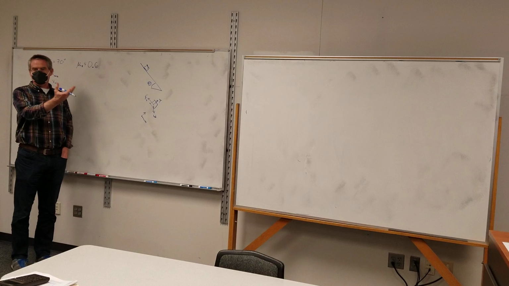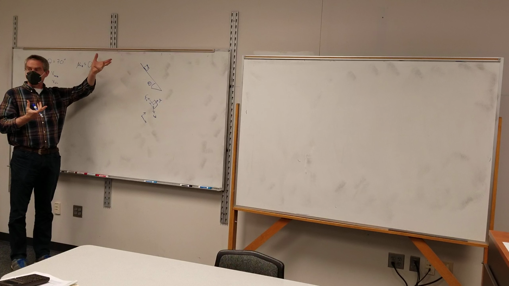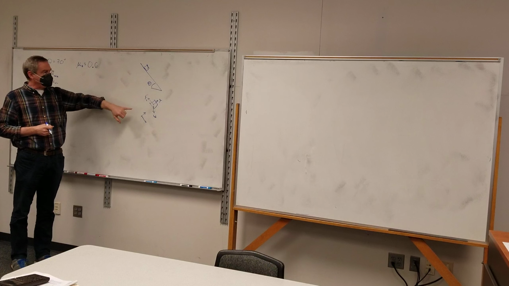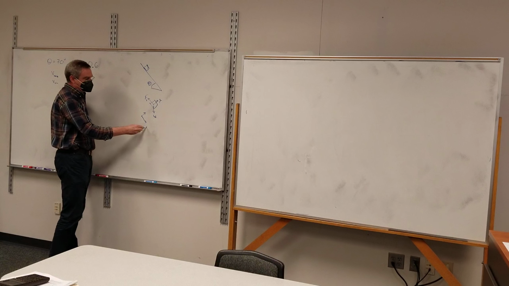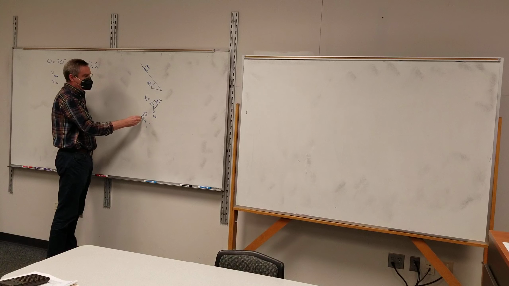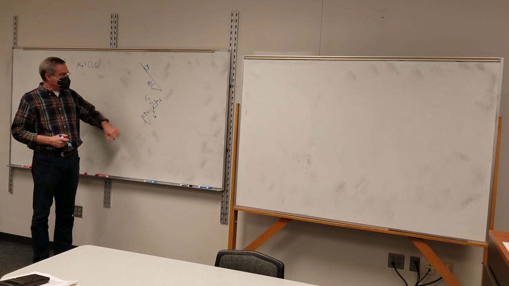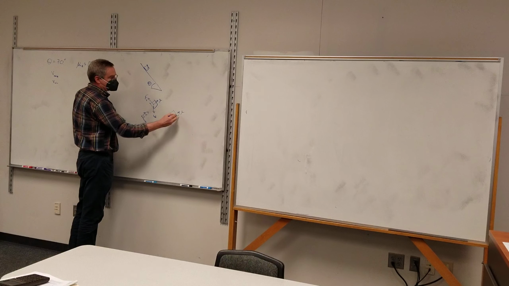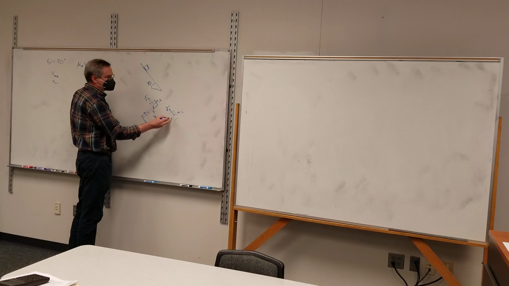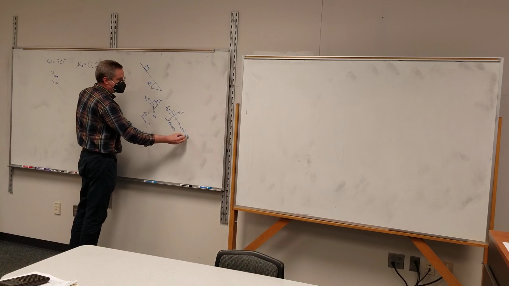Since officially it's not accelerating, I have more freedom with my coordinate system, but I want to minimize what I need to break up. If I set up my system like this, i hat, j hat, then I only have to break up one force. So I set it up like that, I break my weight up. So I have normal force this way, friction acting back this way, weight cosine theta acting this way, and weight sine theta acting that way.